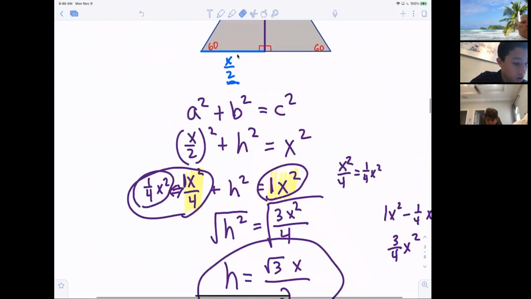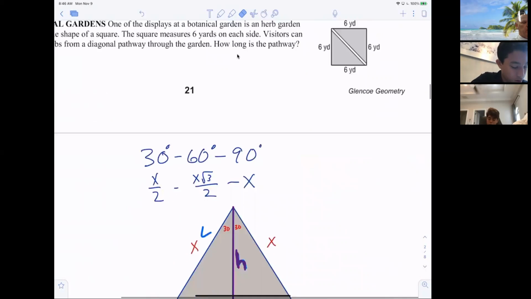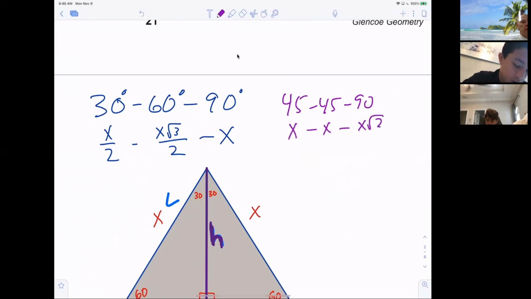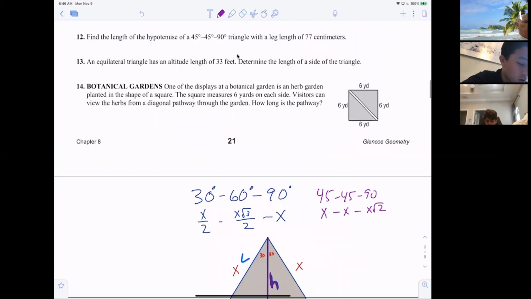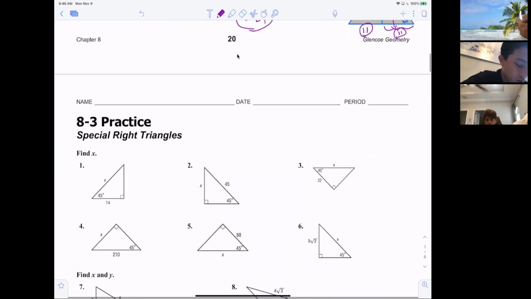And then, of course, the relationship for the 45, 45, 90. Generally, this is x, x, x times radical 2. Any issues on that? I wish I could make it harder, but there's just nothing to it.